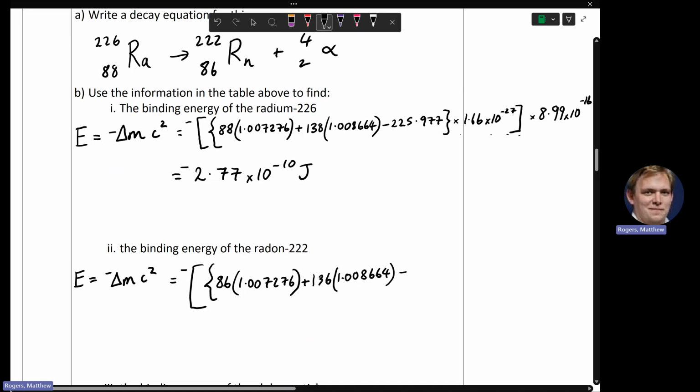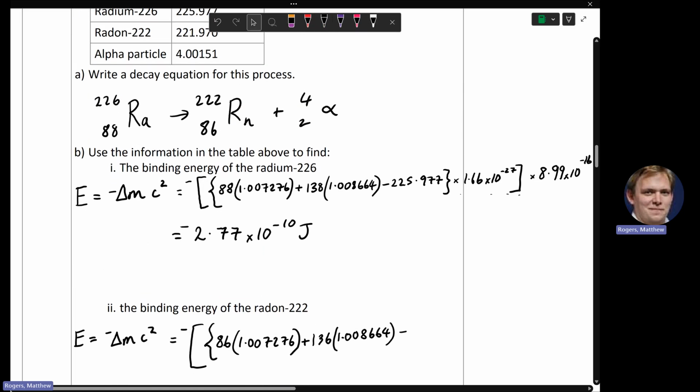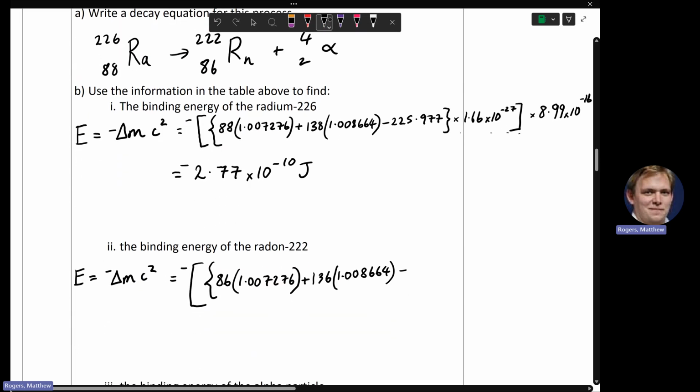Take away the mass of the radon, 221.970. Close the curly brackets, multiply by 1.66 times 10 to the minus 27 to convert into kilograms, close the square bracket, so that's delta M in kilograms.